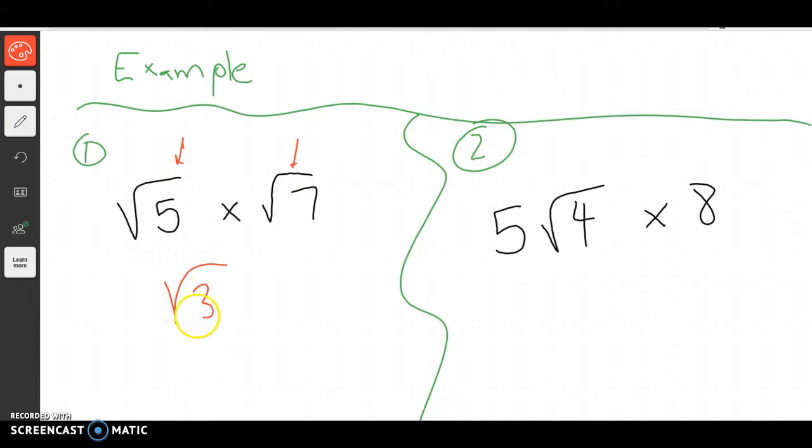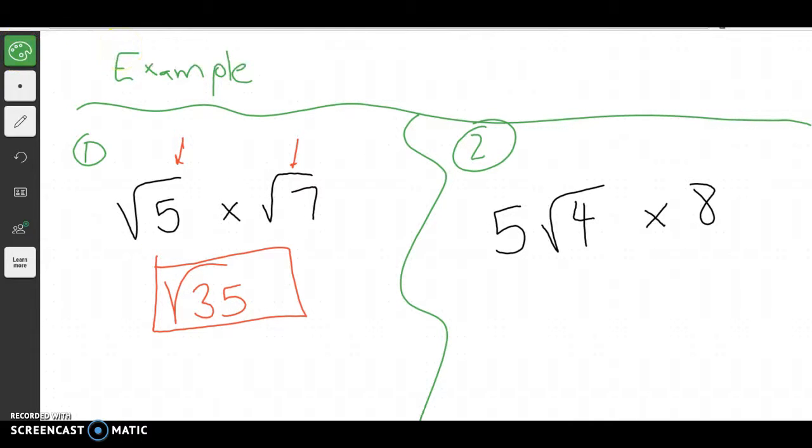You get the square root of 35. Then you might look at the square root of 35 and ask, can this simplify? And the answer is no, because it's made up of 5 and 7. Neither of those things you can take the square root of. And if you can think of another thing that multiplies together to give you 35, you're better than I am. So that is our final answer.